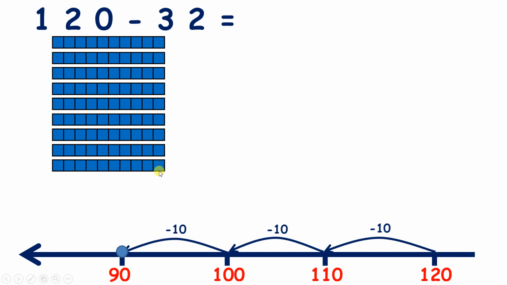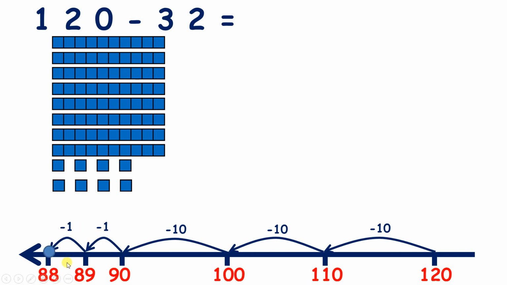We need to exchange again, so let's exchange or regroup one of our tens to give us 10 units. Take away 1 and we have 89, and another one leaves us with 88. So 120 minus 32 equals 88.